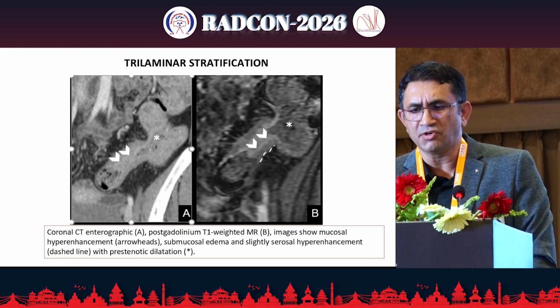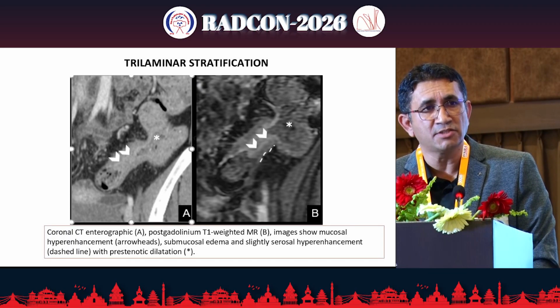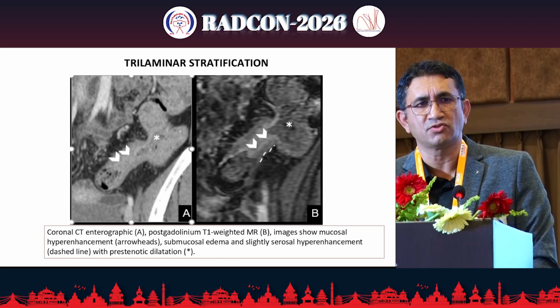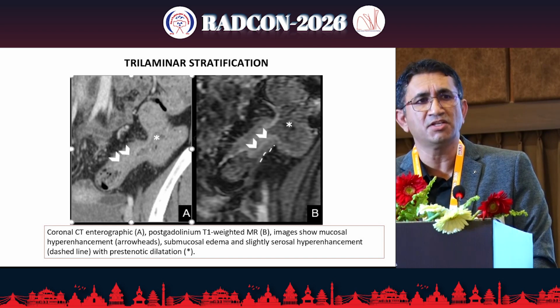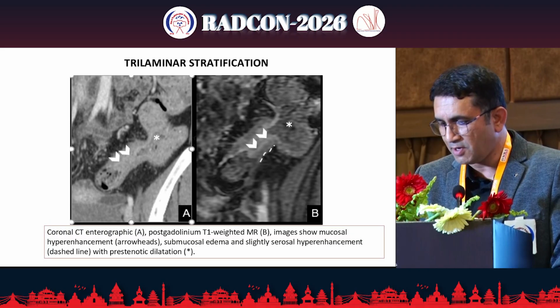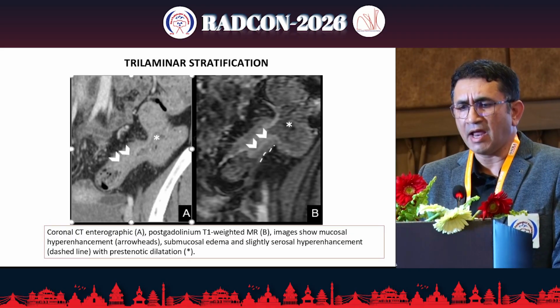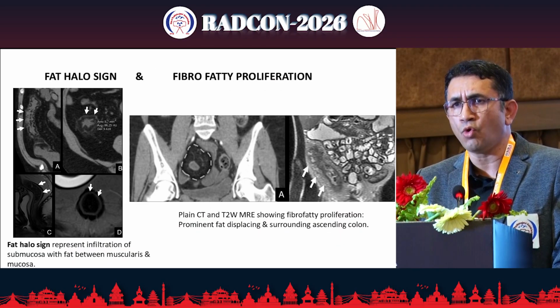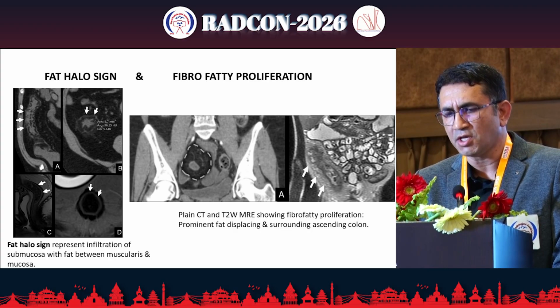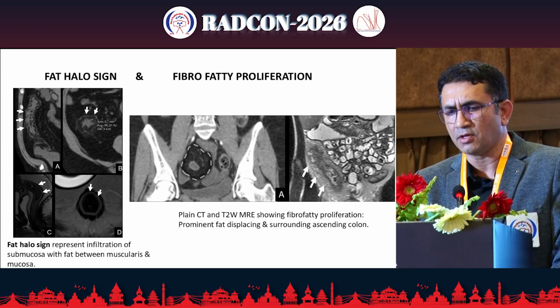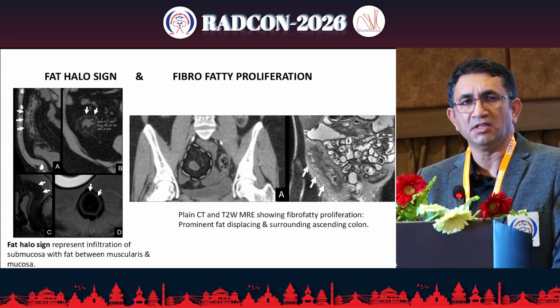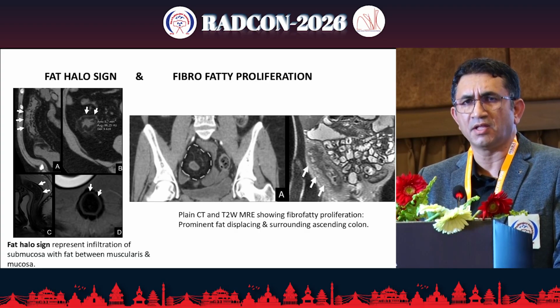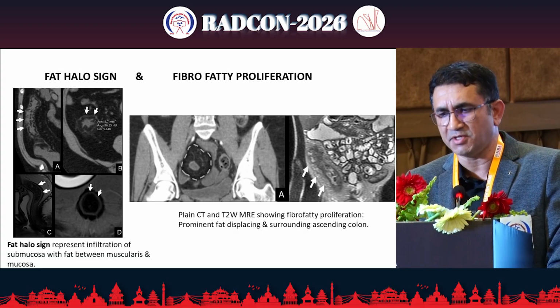In trilaminar stratification, there is hyperenhancement of the mucosa, submucosal edema, and mild enhancement of the serosa. Again, these are signs of active inflammation. And the fat halo: in a known case of inflammatory bowel disease, if we see submucosal fat like this, it indicates chronic disease, not active disease.